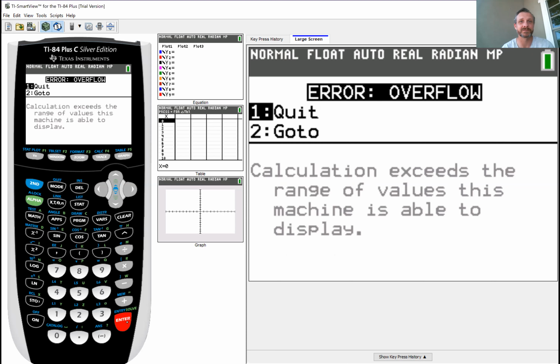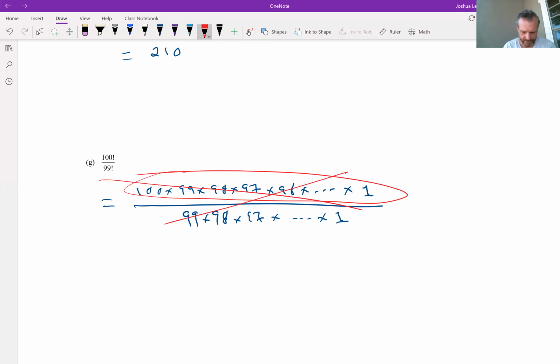Error, overflow. What that tells me, the calculator is not very smart, because, as hopefully you've noticed, instead of doing all this, 100 factorial is 100 times 99 factorial. Those cancel, and you just have 100, okay?